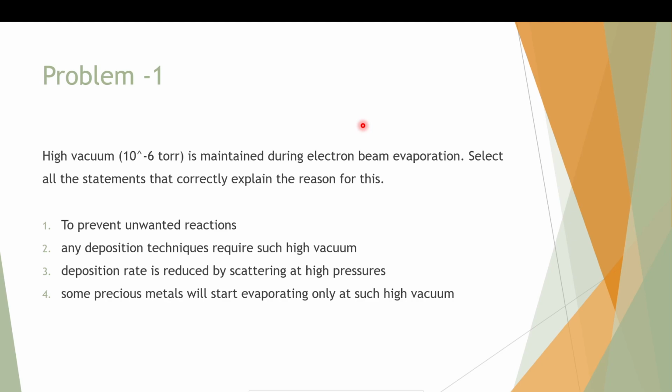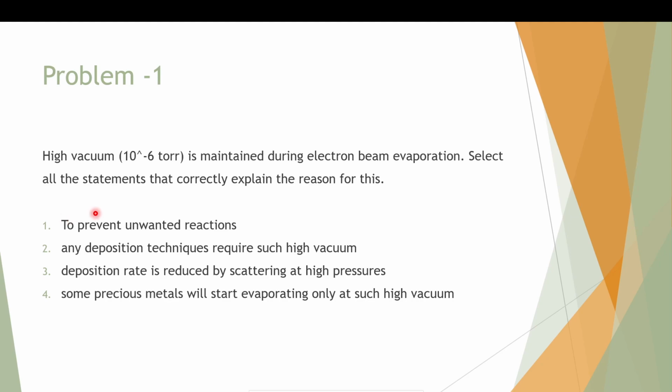I'm going to very high temperatures, because even if my substrate is not at high temperature, the alloy or metal I'm trying to deposit will be. That might react with whatever is present in the environment, like oxygen. If the vacuum is not high enough, it might cause unwanted reactions. So option 1 is also correct.